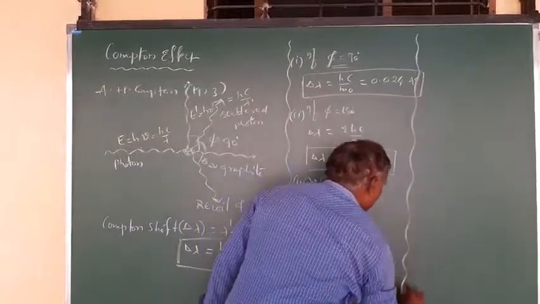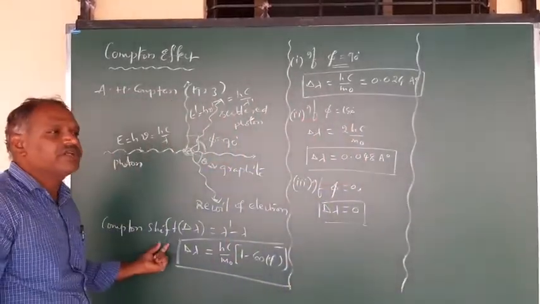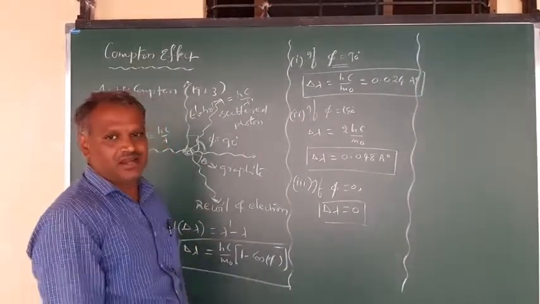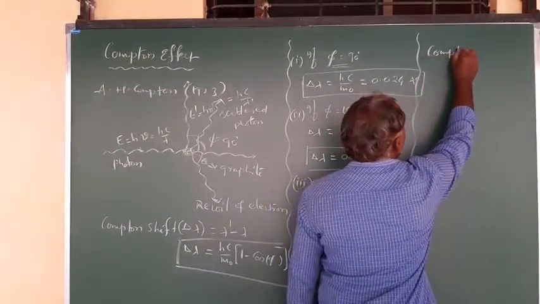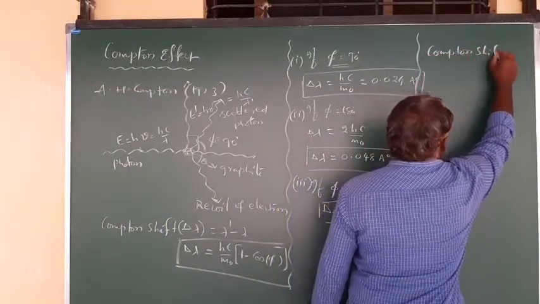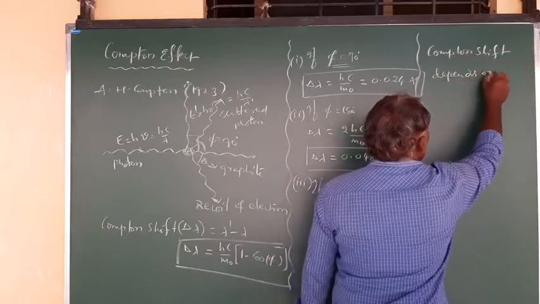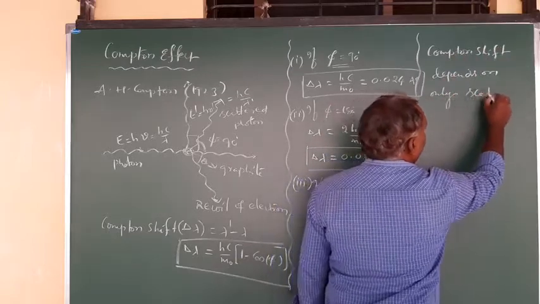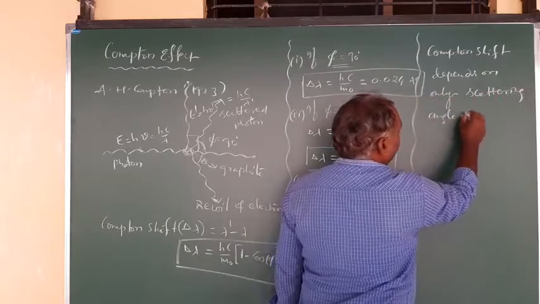One more point: on what factors does the Compton shift delta lambda depend? It depends only on the scattering angle phi.